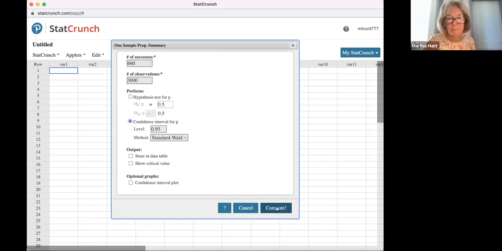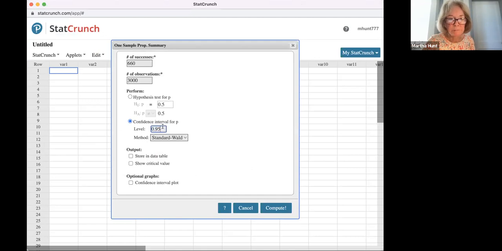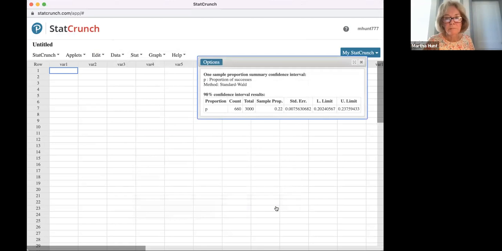Is that correct? Let's just scoot it over. Oh, it was 98%. So I'm going to write down the decimals, and if they ask for the percents, we'll change it. 0.2024, and then a 1 following that, and 0.23759.